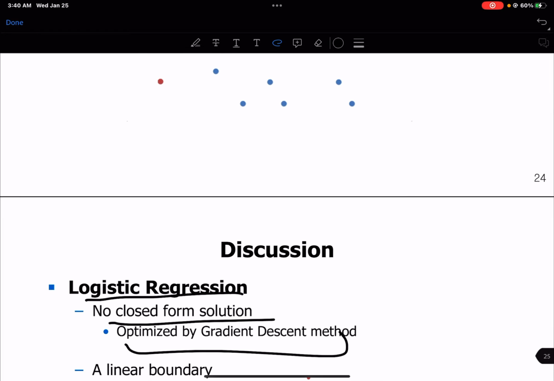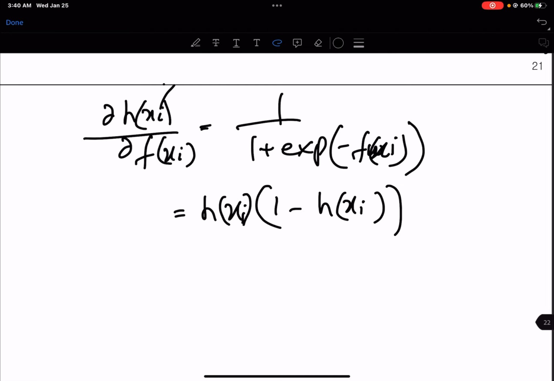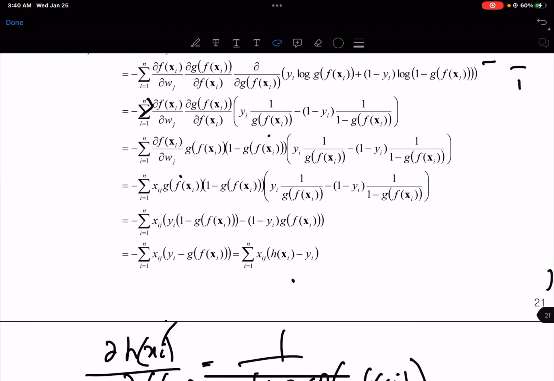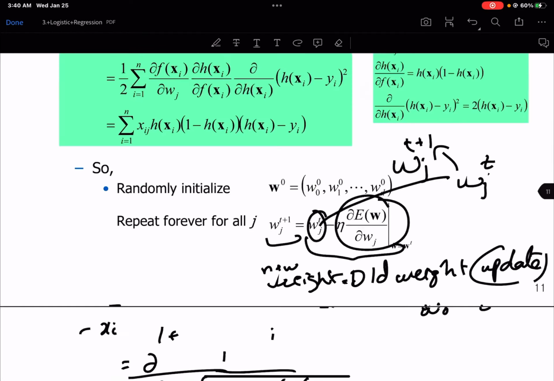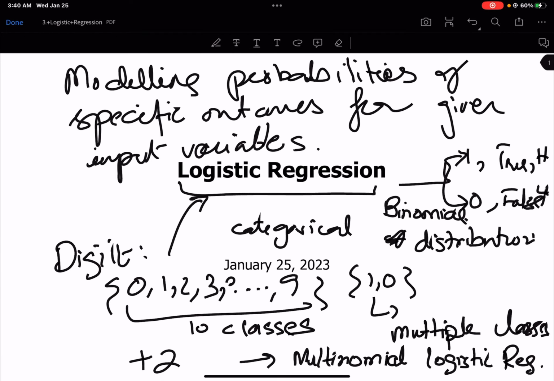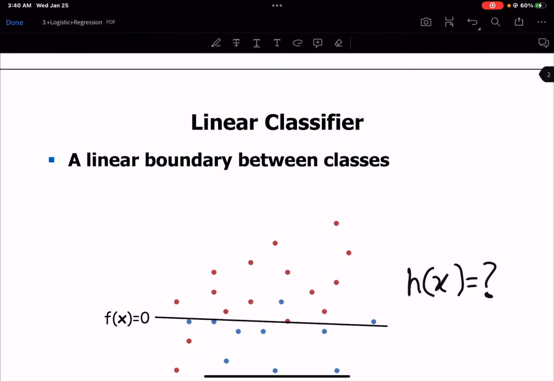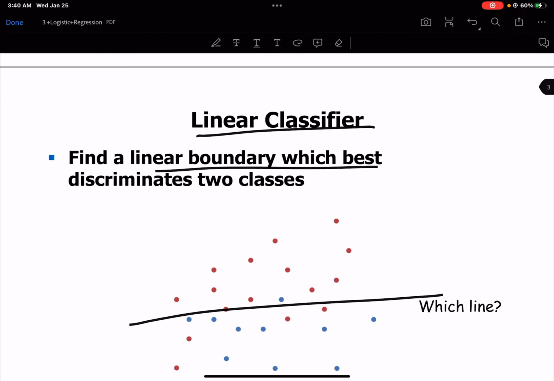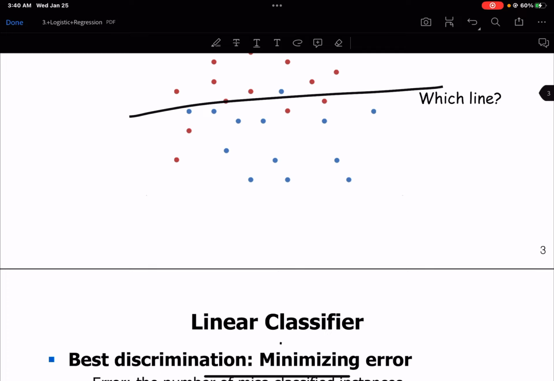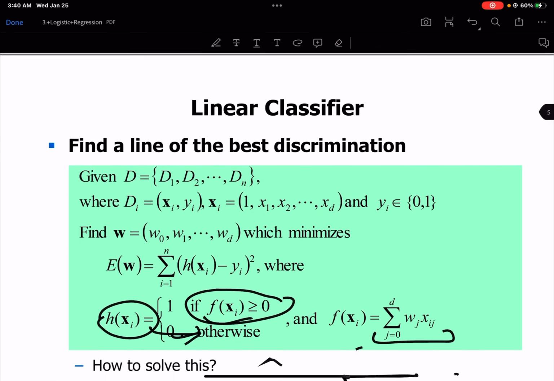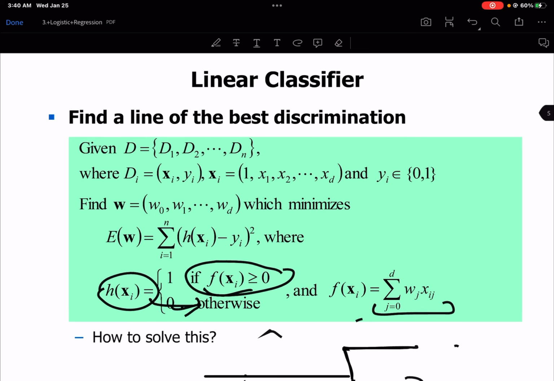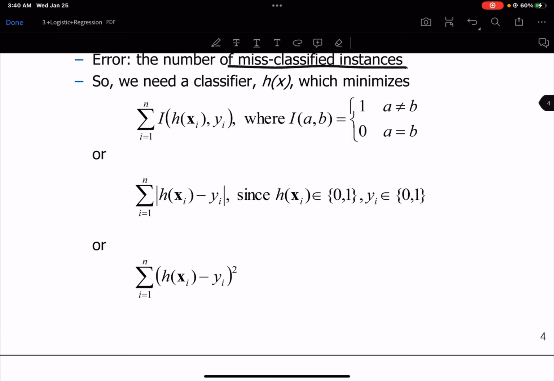So in this lecture, now I will summarize. In this lecture, first we studied logistic regression, what it is and where it can be used. Then we defined a linear boundary, and we tried to minimize the error using a linear classifier by minimizing the mislabeled classes.